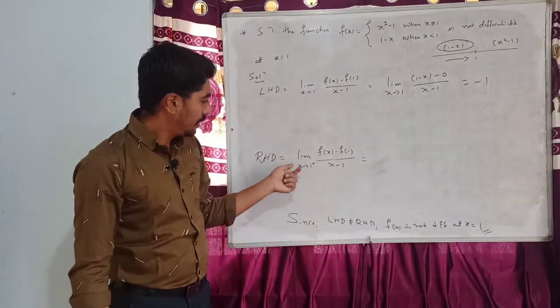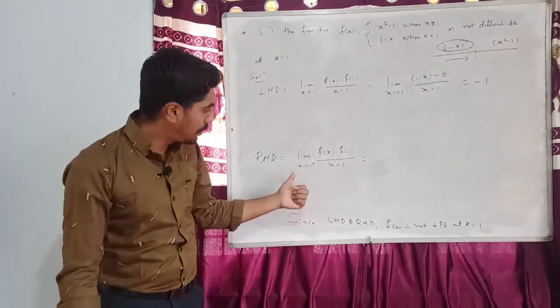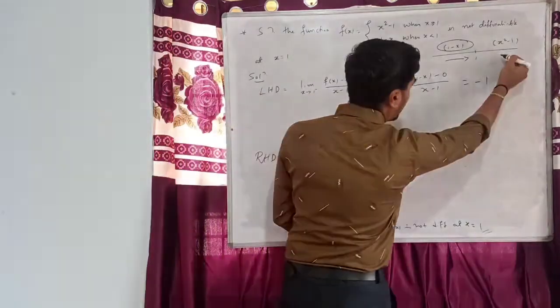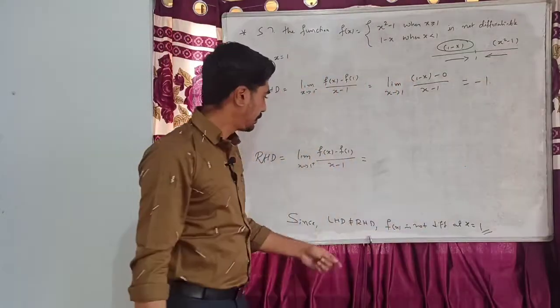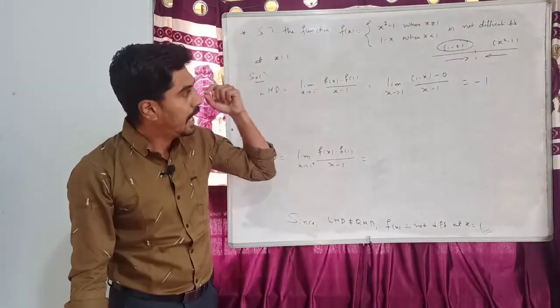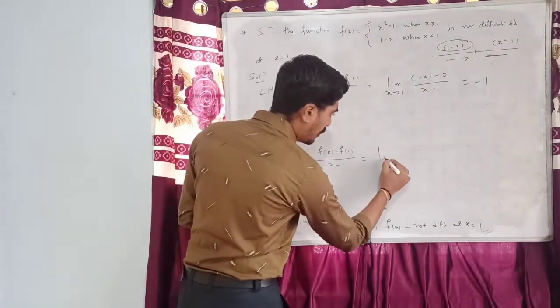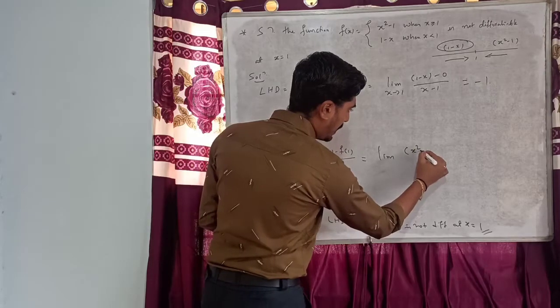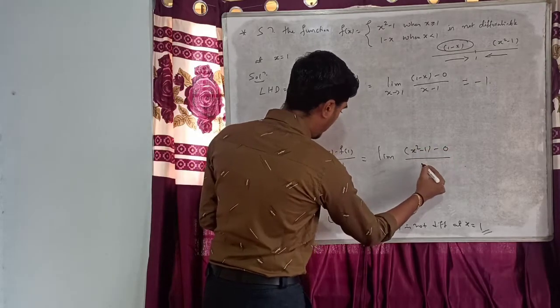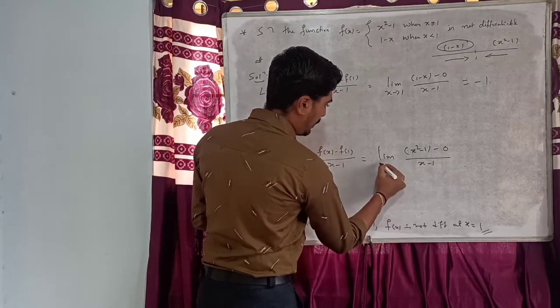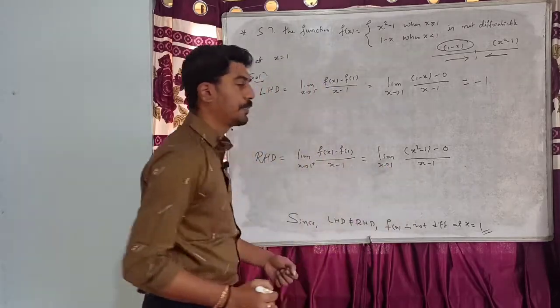Similarly, when finding the right hand derivative, we are approaching 1 from the right hand side, so the function is defined as x square minus 1. So this will be equal to limit of x square minus 1 minus 0 whole divided by x minus 1 as x tends to 1.